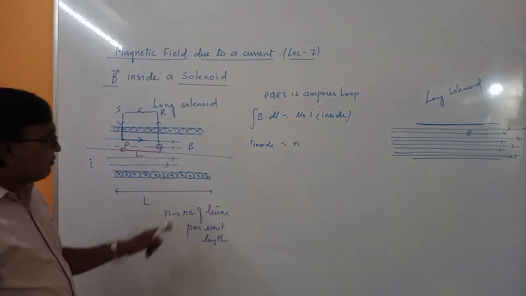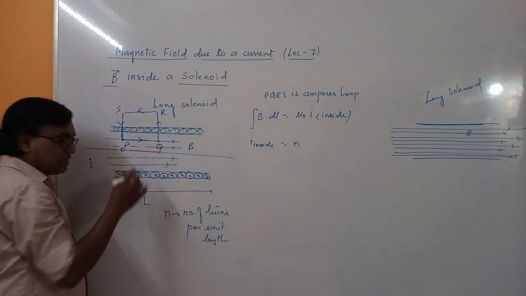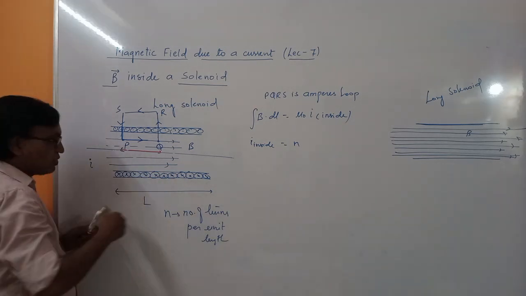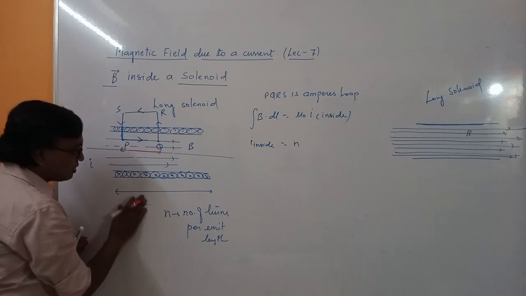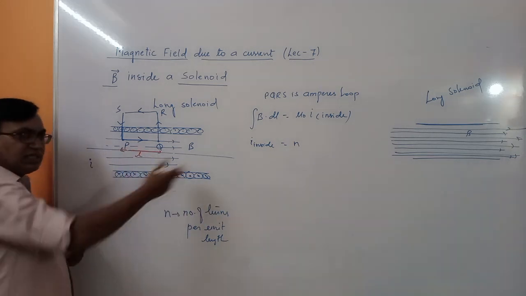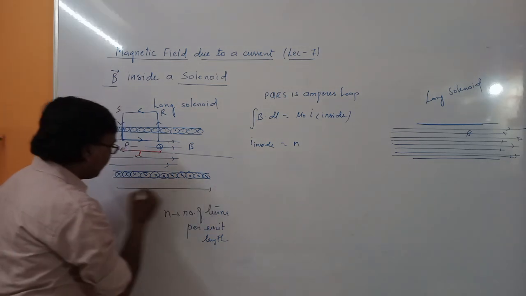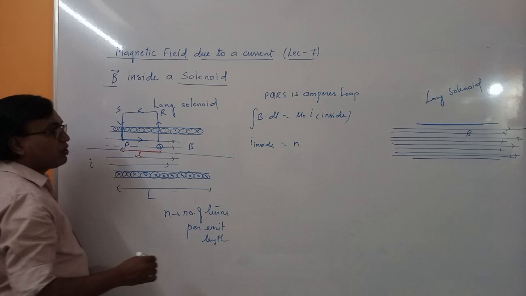Total number of turns will be n into L. So this length is L. Here we have used capital L, so now just remove this small l from here. So this is L because this is a long solenoid. Or if you want, you keep it. Let us use this as capital L.